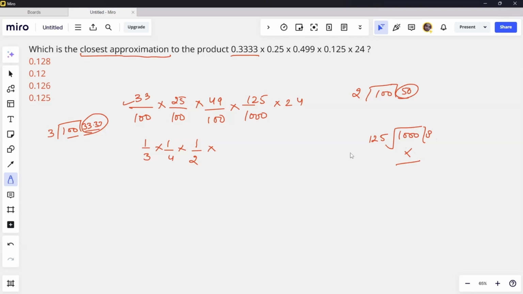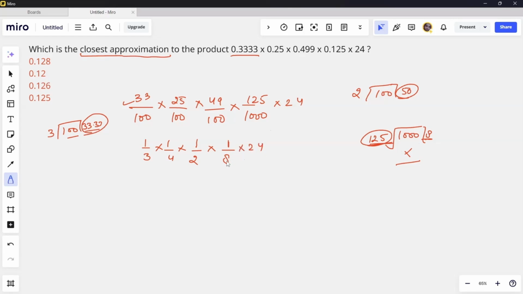If I make 8 parts, this is 1 part, so I can say 1 by 8 into 24.